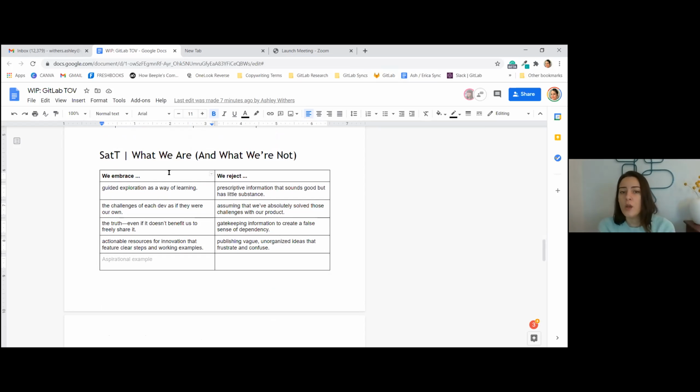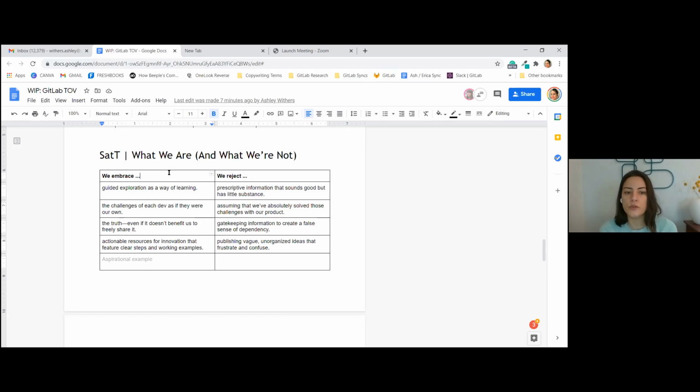We reject prescriptive information that sounds good but has little substance. We embrace the challenges of each dev as if they were our own. We reject assuming that we've absolutely solved these challenges with our product. So I think that's really important. It comes back to the truthfulness versus lying by omission, and the spirit of always learning. So we're learning from the developers, we're iterating, we're continuing to grow.